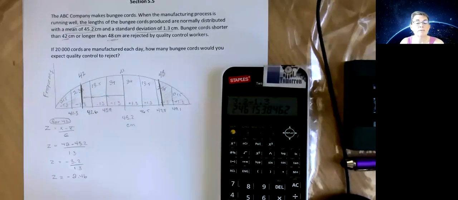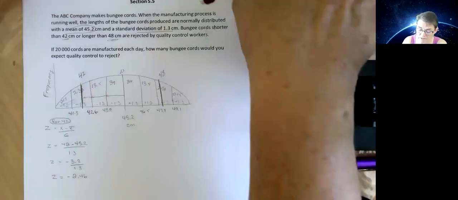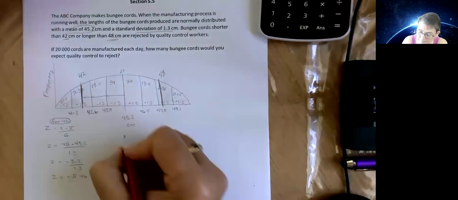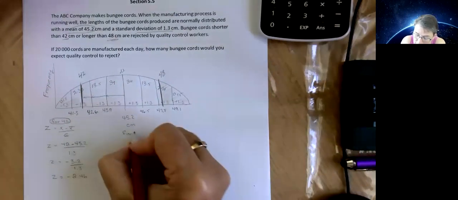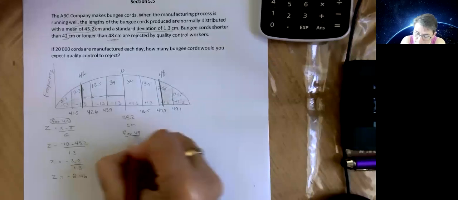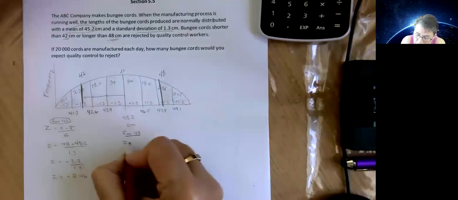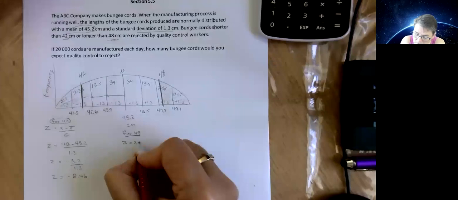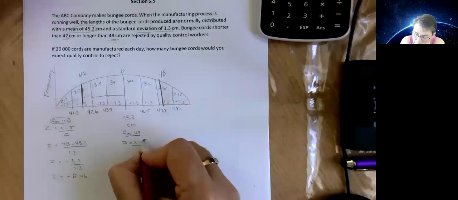All right, I think what I'm going to do is calculate out 48 first, and then I will grab our Z-score table and convert those into percentages. So Z is equal to X minus X bar over, ooh, that one's better. So this time it's 48, and everything else is the same.